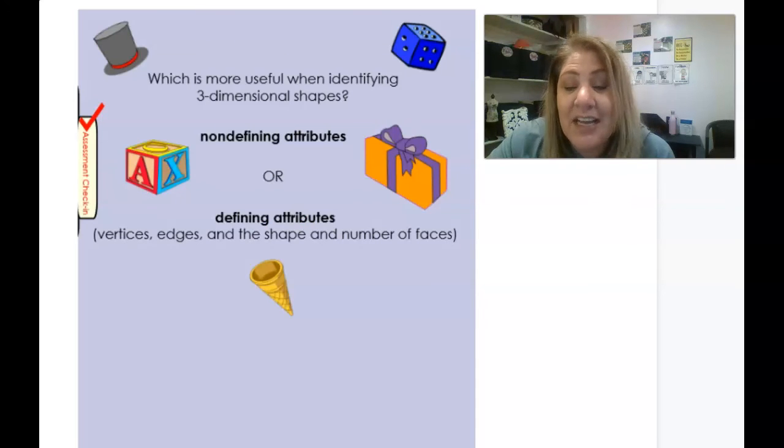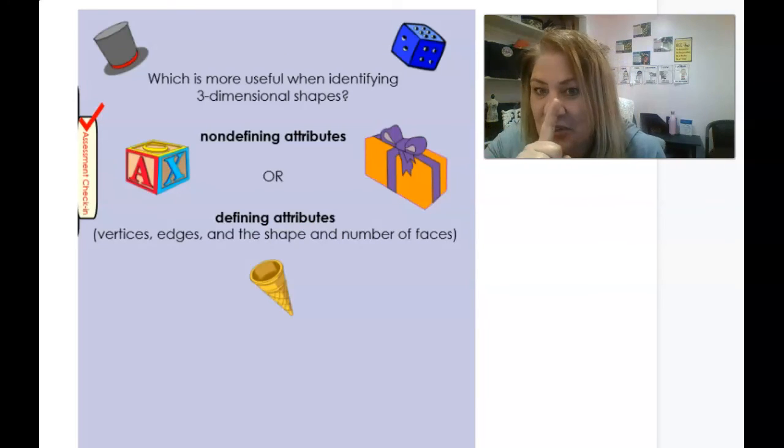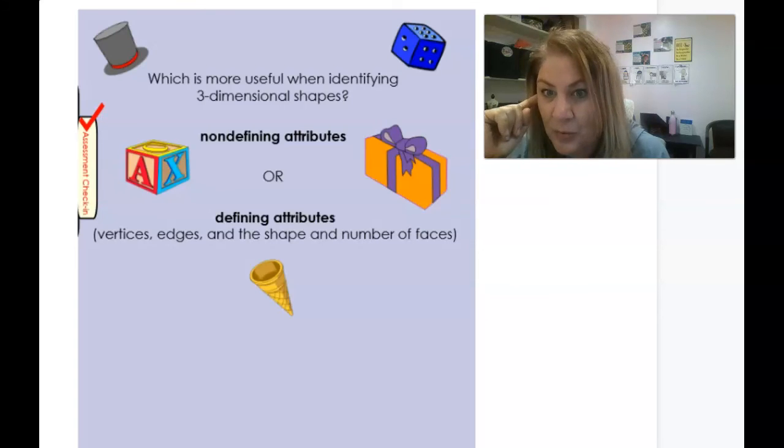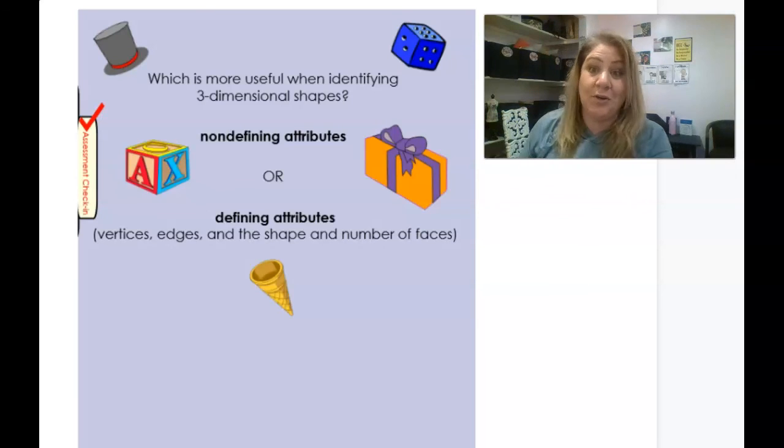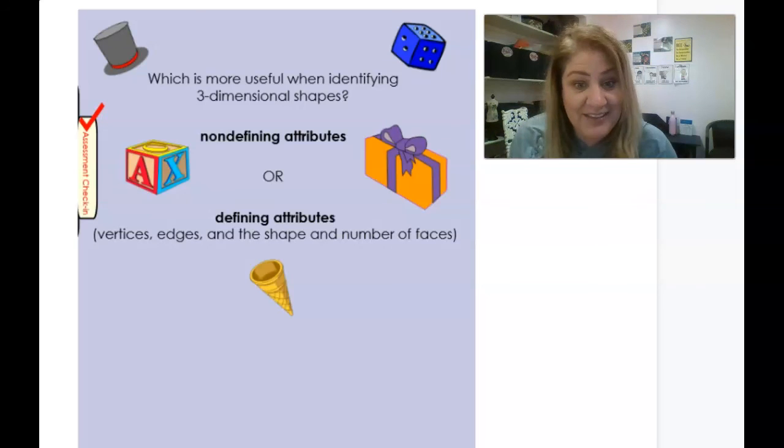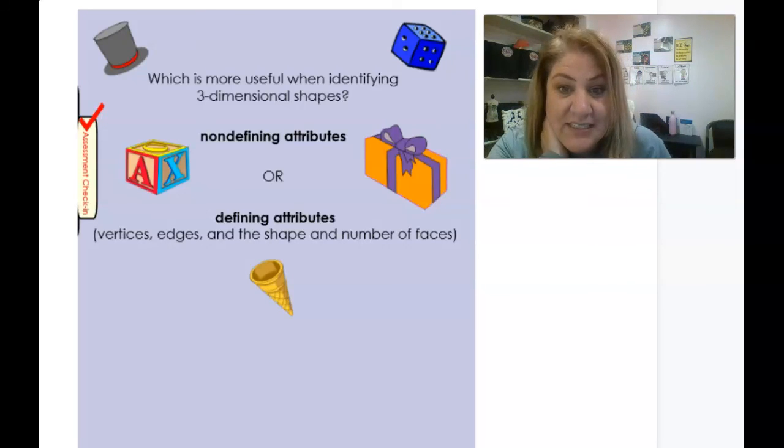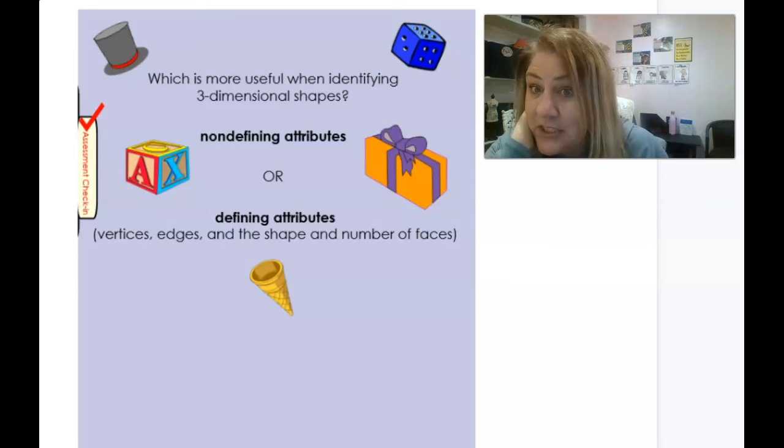Okay. Now I'm going to ask you a question that's going to come up tomorrow in our Zoom. So it's very important that you write down this answer and you're prepared for Zoom tomorrow because we're going to do a survey tomorrow. And you're going to have to know the answer. Okay, the question is, which is more useful when identifying three-dimensional shapes?